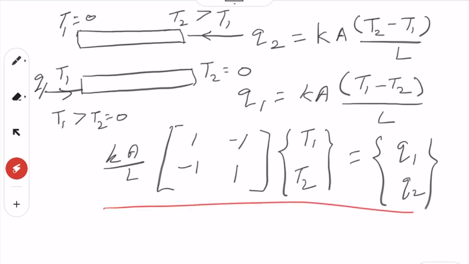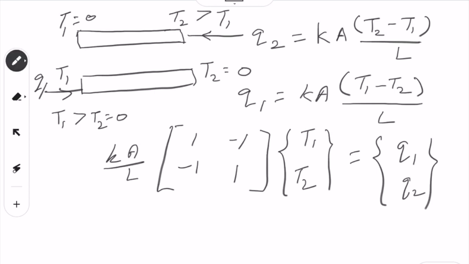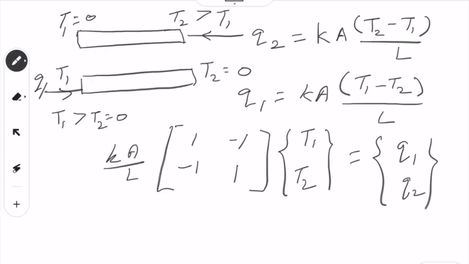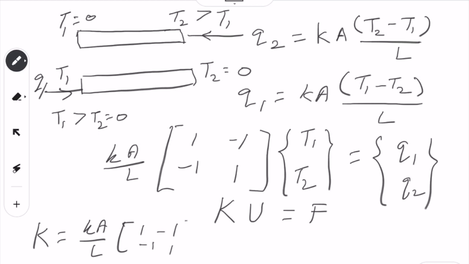So we get this equation, and this is in the form of the matrix system, like we used to write: K U equal to F, where K is equal to K A divided by L times the matrix 1, minus 1, minus 1, 1.